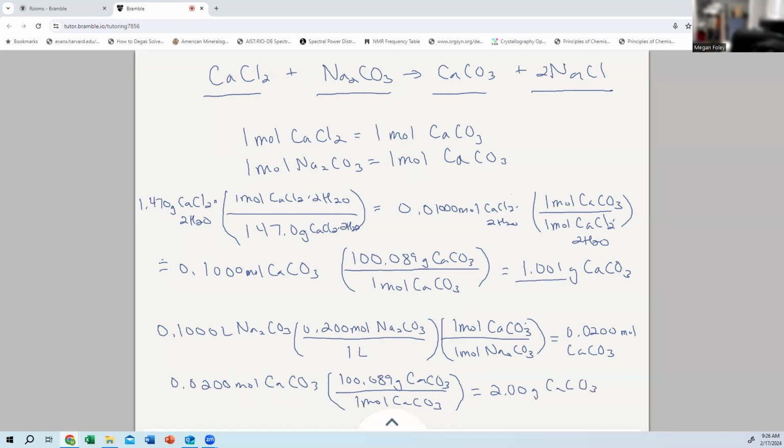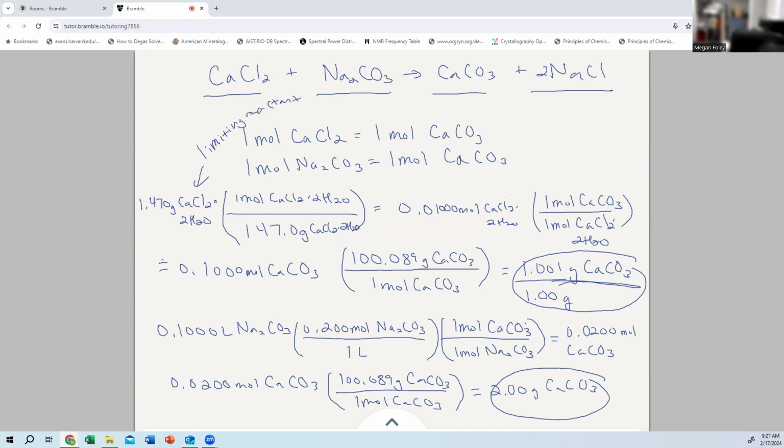As a note here, this actually would probably be 1.00 grams. Now, comparing this versus this, we can see that our calcium chloride dihydrate produces a smaller amount of calcium carbonate, telling us that this right here is our limiting reagent or limiting reactant.